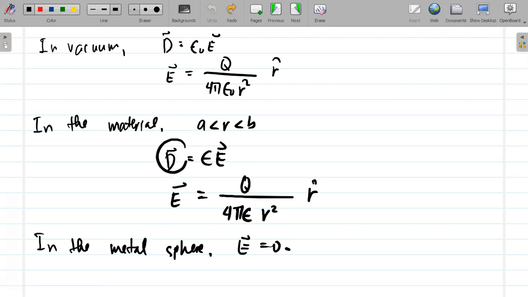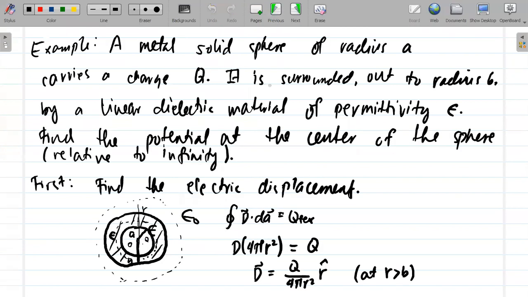Again, D independent of the material. D equals epsilon E. Wala tayong term na epsilon dito, or epsilon naught. Electric displacement lang siya. Now, yung electric field, doon napapasok kung epsilon or epsilon naught or whatever permittivity yung meron ang material nyo.